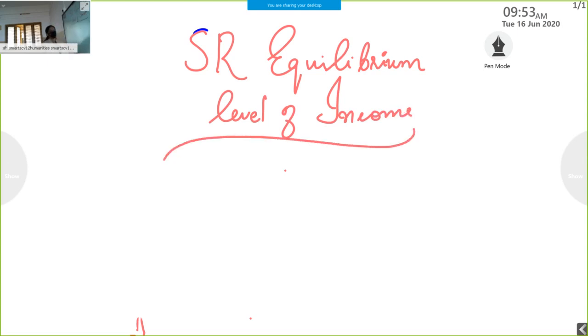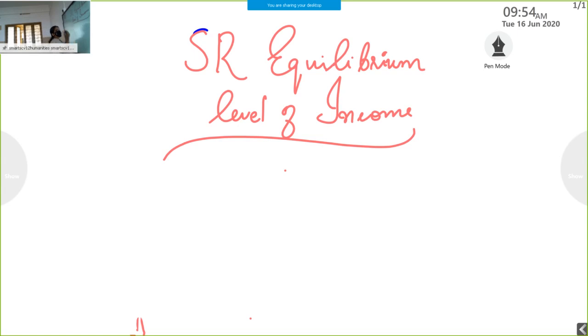Short run equilibrium level of income. According to Keynes, we know during short period technology remains constant. Then according to him, equilibrium level of income is determined by aggregate demand and aggregate supply.